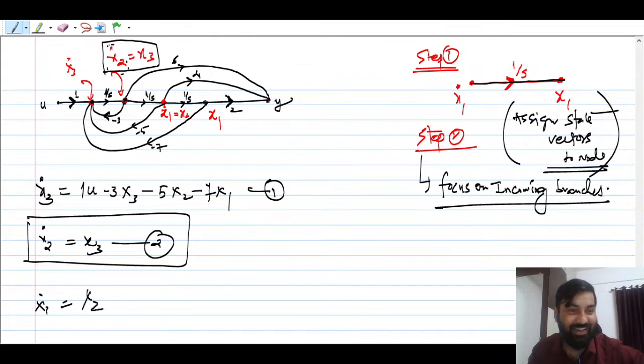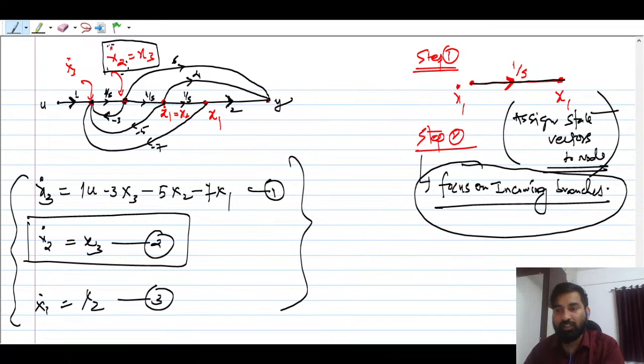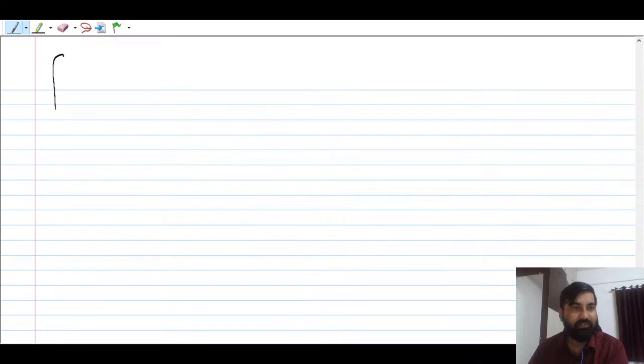So you can say that x1 dot is x2, that is third, right? So it's a very simple procedure that you can obtain. Only you have to observe incoming branches. Right? So now from here we write x1 dot, x2 dot, x3 dot.